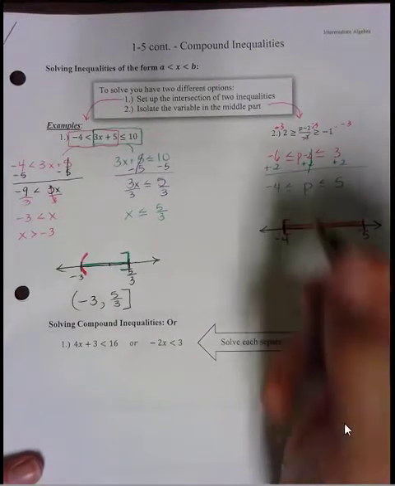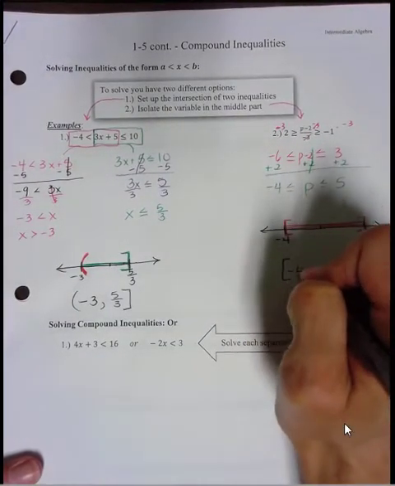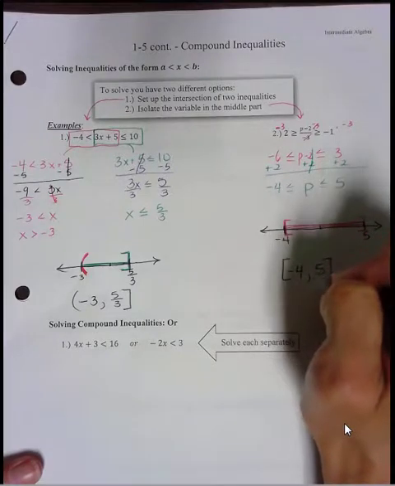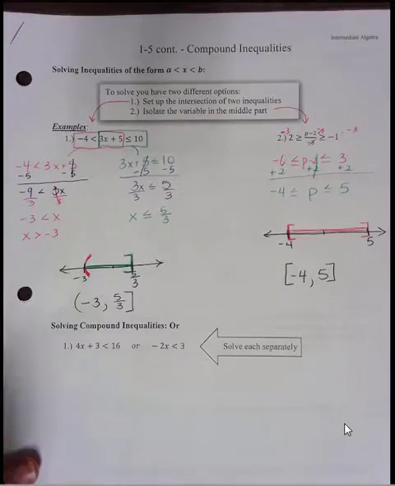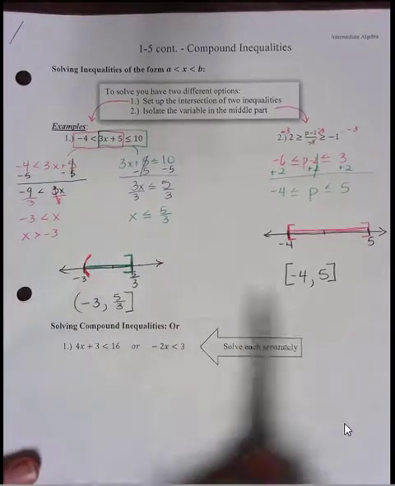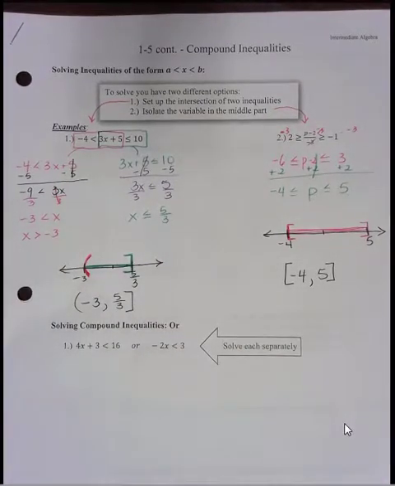In interval notation, that would be from negative 4 to 5 inclusive. Remember, the brackets are inclusive. Okay, so this is for inequalities where and is happening.